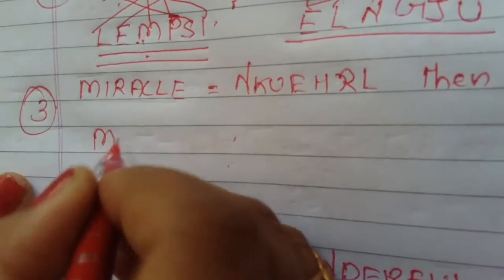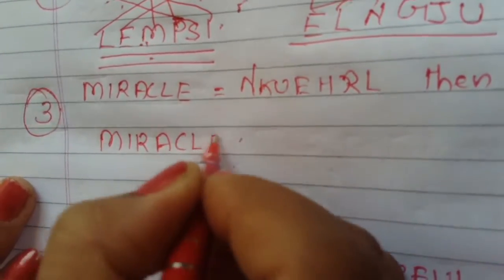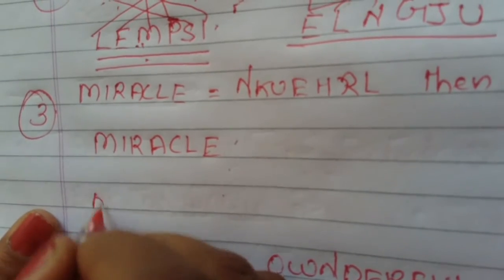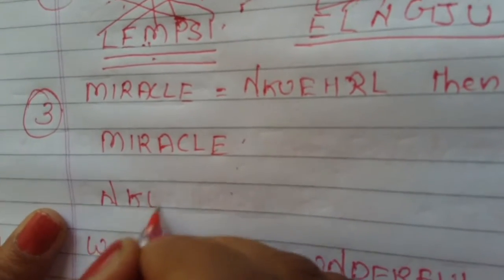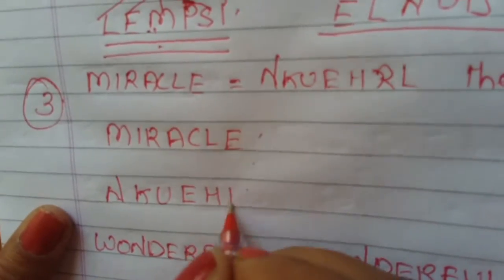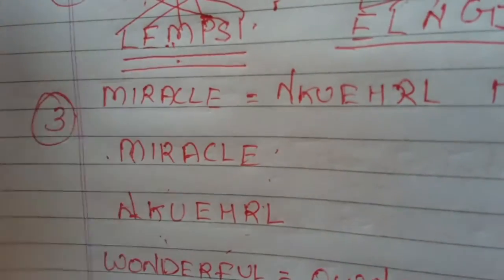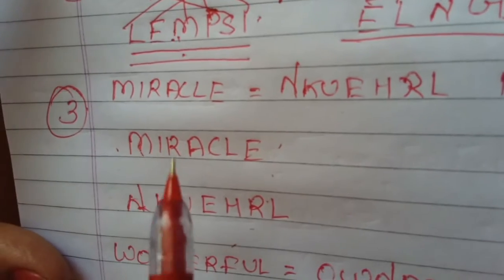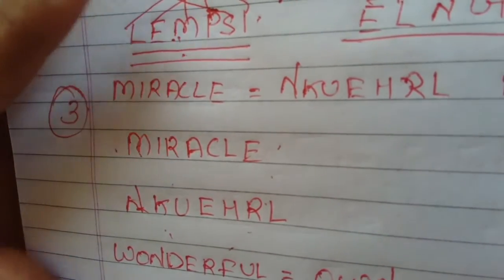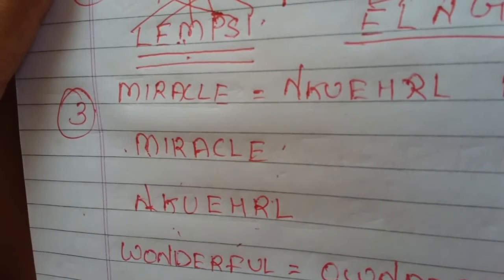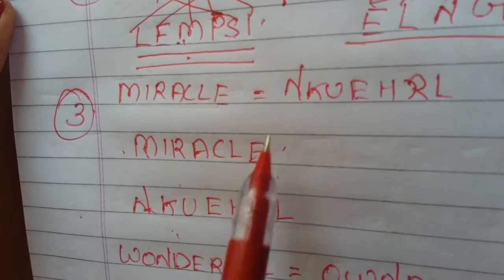You can see MIRACLE, and it comes out something like this: N, K, U, E, H, R, L. There is nothing similar among these. As we solved the earlier questions by crossing out letters and getting the answer, we can't see that in this question. So this is the third pattern. Last time I taught you about alphabetical order and its numbers. So it is most important to remember the numbers and alphabetical order.